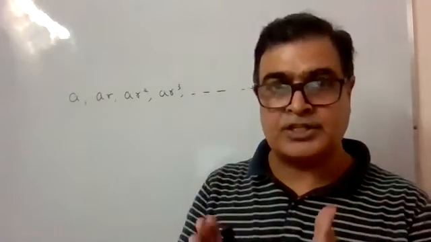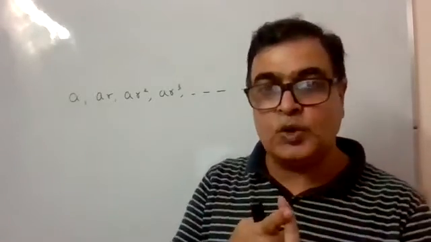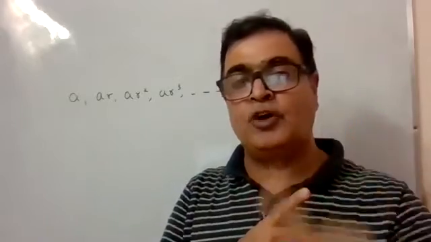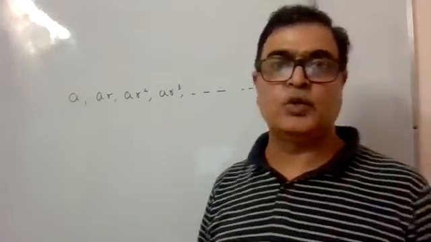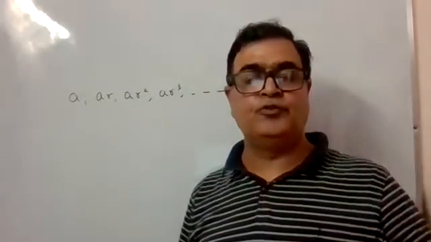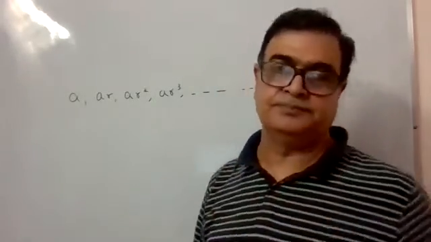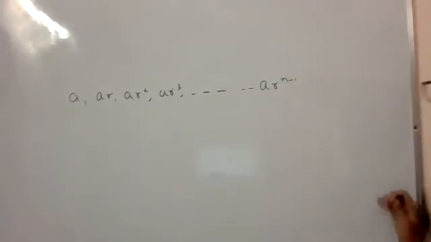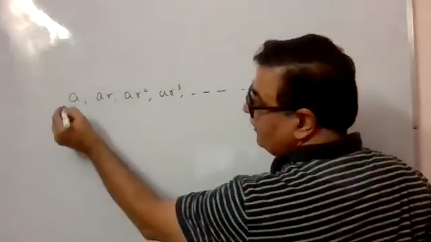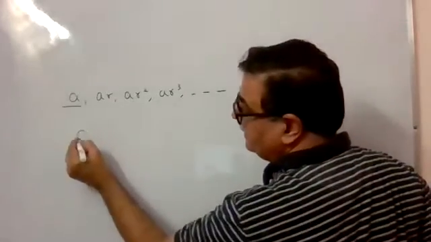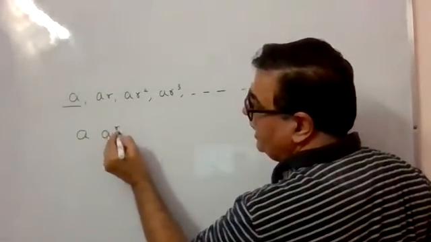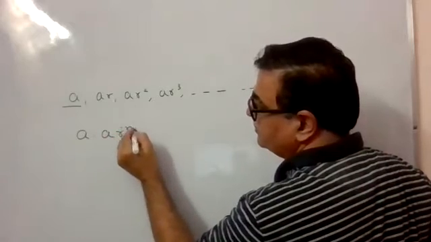The product always remains constant and is equal to the product of the first and the last term. If I take the first term from here and the first term from here and multiply them, I get a into a r^(n-1).